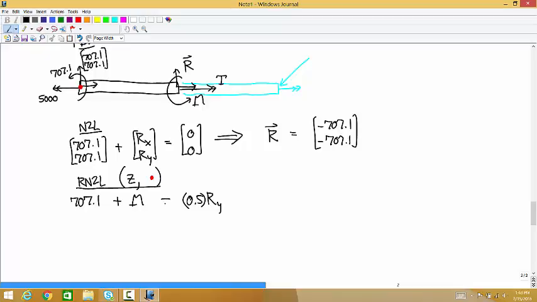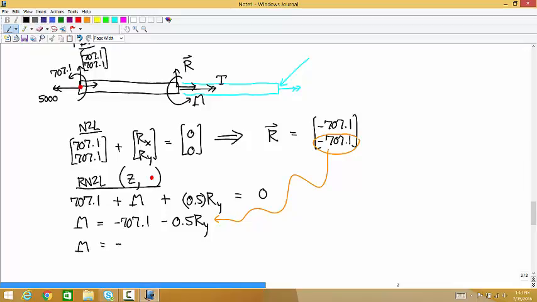Counterclockwise, so that's positive. This is equal to 0. So this says that M is equal to negative 707.1 minus 0.5 Ry. And we know what this Ry is. We just calculated it.